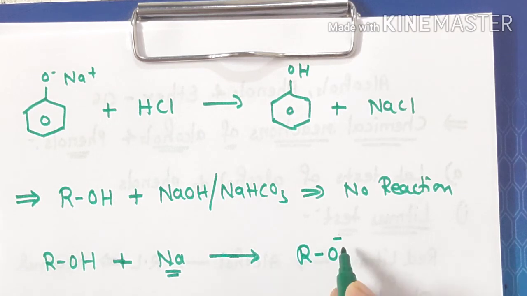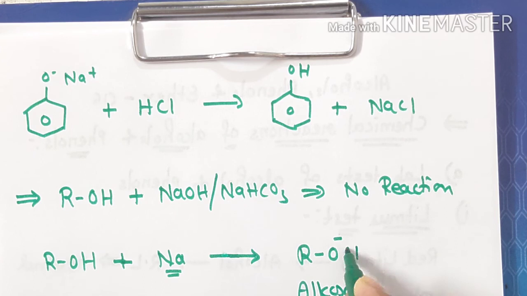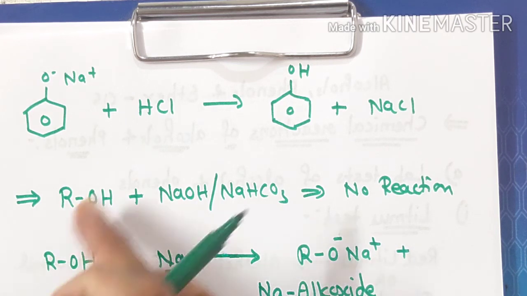RO minus. This is alkoxide, because it's an alkyl group, not a phenyl. But sodium combined with this, so it will form sodium alkoxide, and hydrogen comes out. See, Na comes in, H goes out.